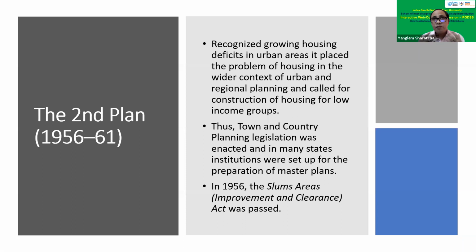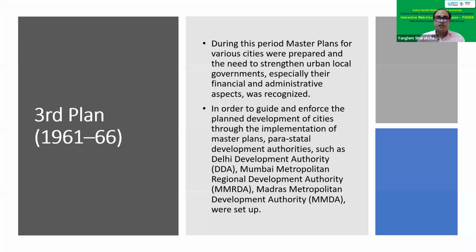So to improve that particular section of society, in 1956 the Slum Area Improvement and Clearance Act was passed, right, to have proper master planning of developing a city.